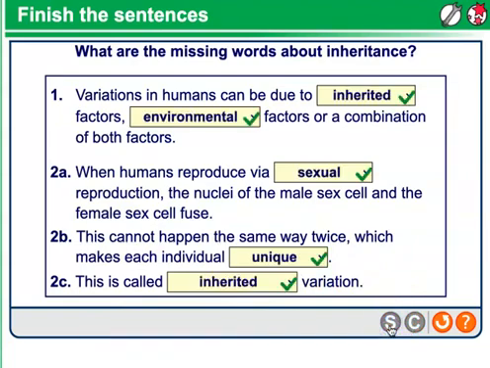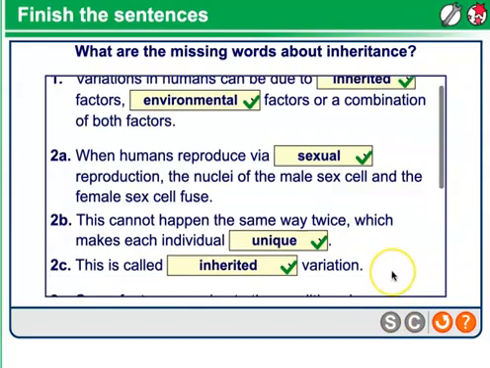Variations in humans can be due to inherited factors, as well as environmental factors or a combination of both. When humans reproduce via sexual reproduction, the nuclei of the male sex cell and the female sex cell fuse. This cannot happen the same way twice, which makes each individual unique.